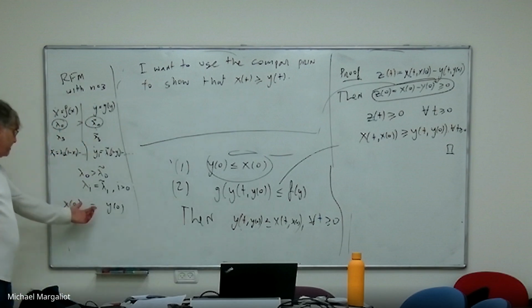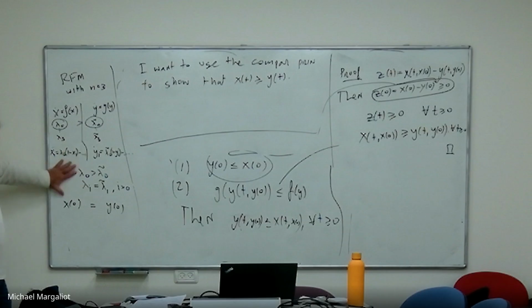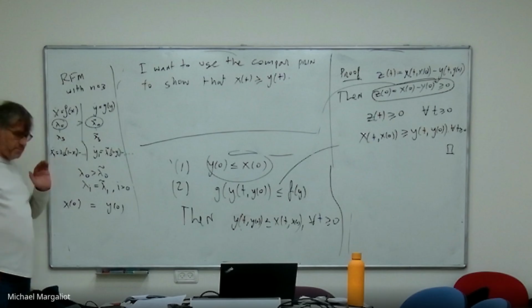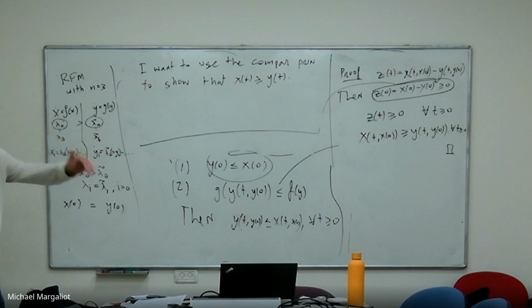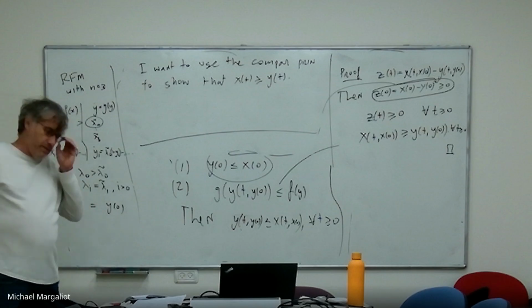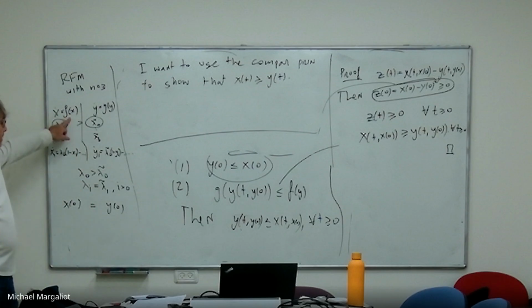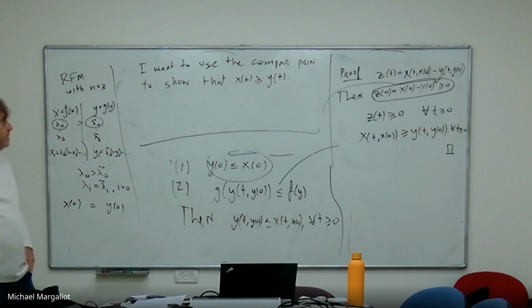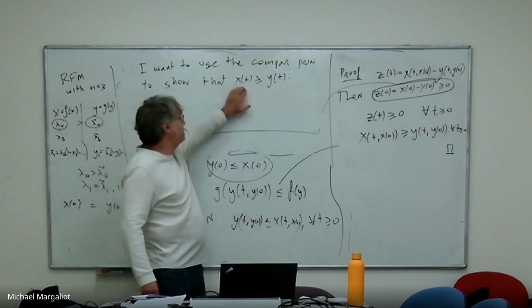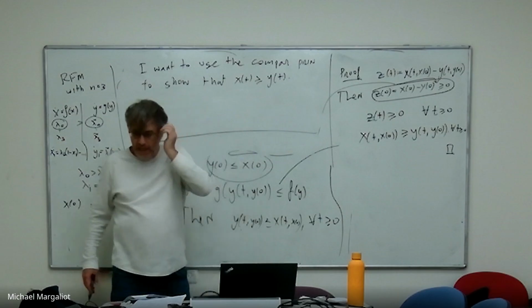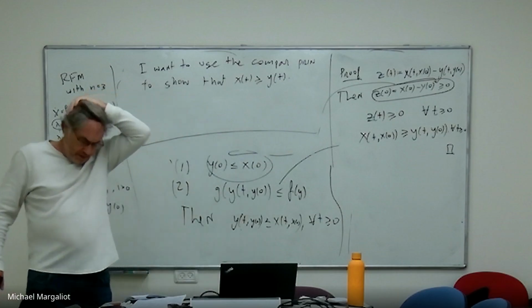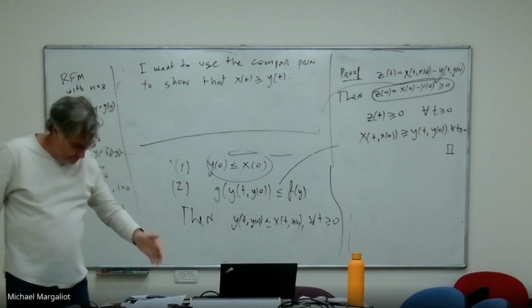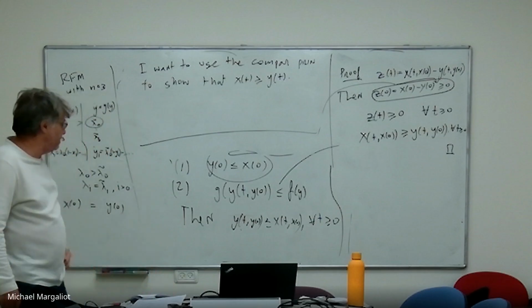Because if I start from the same initial densities, and the X RFM has a higher initiation rate, then I expect that more ribosomes enter this X RFM, and the densities in each site in this X RFM will always be higher than the densities in the other RFM. I expect this naturally, it seems reasonable.